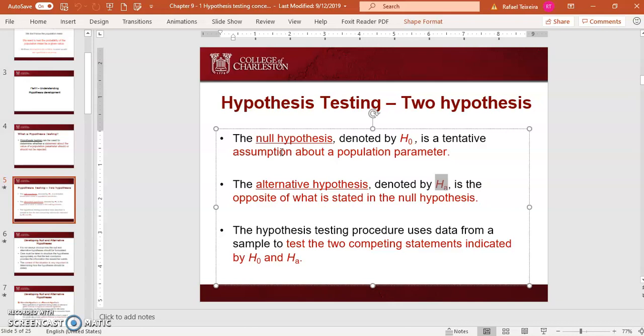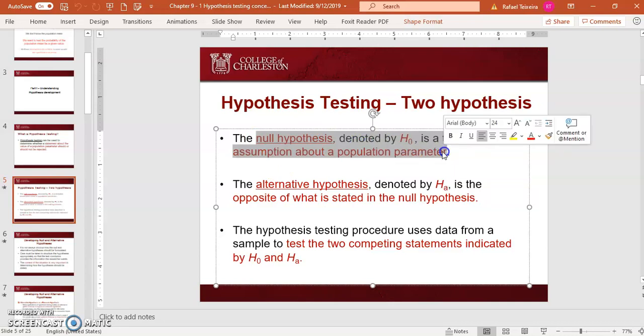For example, if you are a marketing professional and you develop an advertisement campaign, you're going to make assumptions, believing or thinking that people are more sensitive to the marketing campaign and so on. So these are the assumptions that we're talking about in null hypothesis, okay?